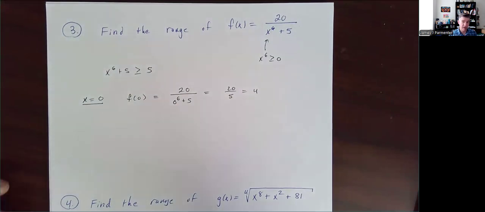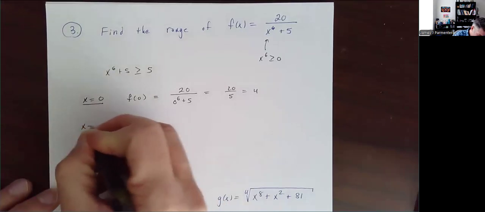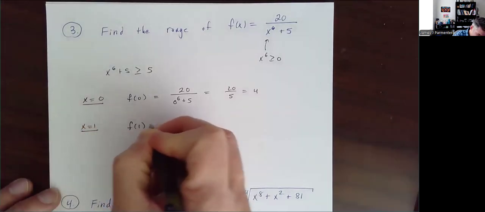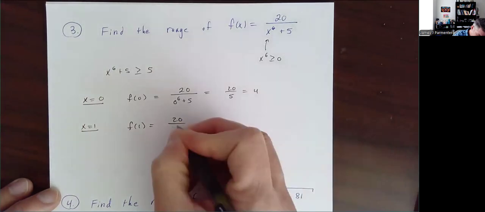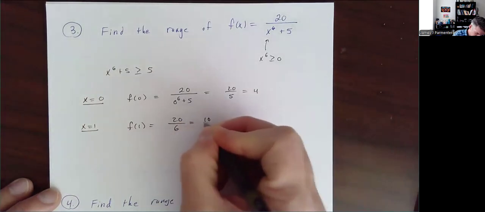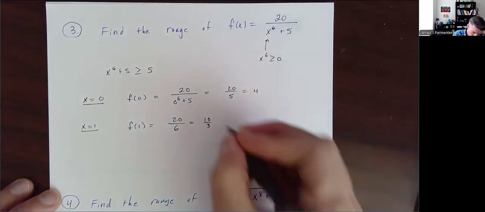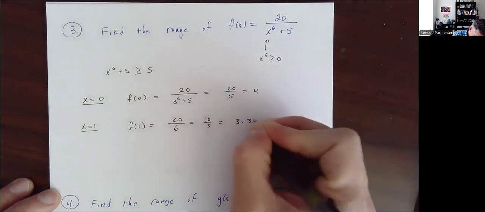And then if I pick bigger values for x, my fraction is going to get smaller and smaller and smaller, because if you divide by a bigger number, the overall result gets less and less. For example, if I pick x equal to 1, f of 1 is going to be 20 divided by 1 plus 5. And 20 divided by 6 is 10/3, which is 3 1/3, or 3.33 forever.